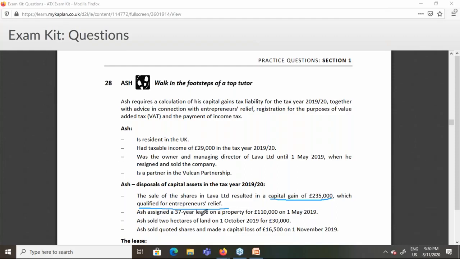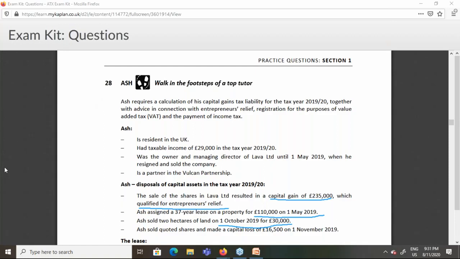Has assigned a 37-year lease on a property for £110,000 on the 1st of May 2019. Has sold 2 hectares of land on 1st of October 2019 for £30,000 and sold quoted shares, made a capital loss of 16,500.